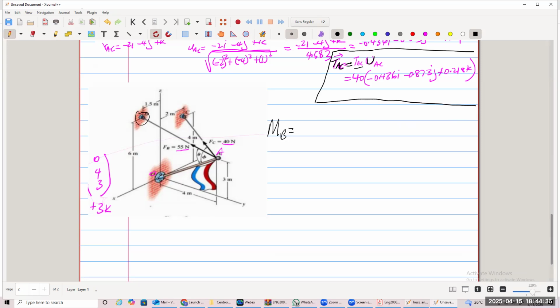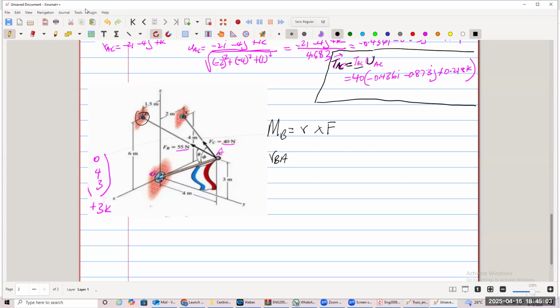It is going to be R times F. Where is the position vector that you're going to use now? BA. So you're saying the position vector you want is BA.